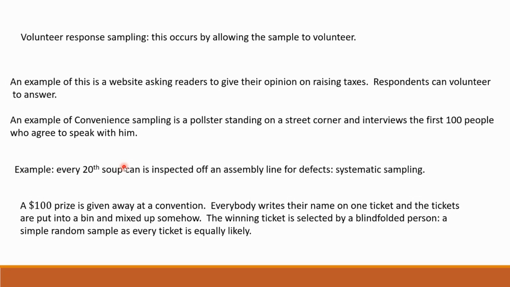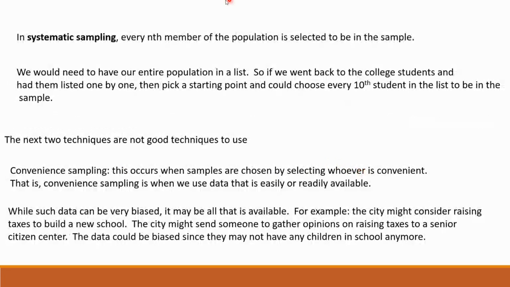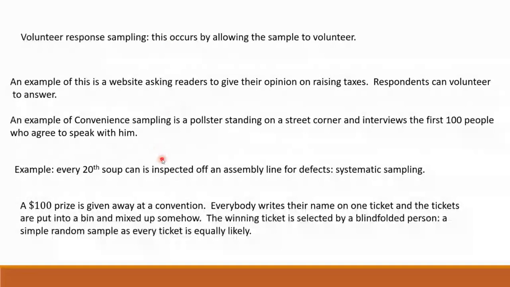So it's every 20th, right? Because of that, that would be systematic sampling. If you go back to systematic, it's every nth member of the population, so every 20th soup can.